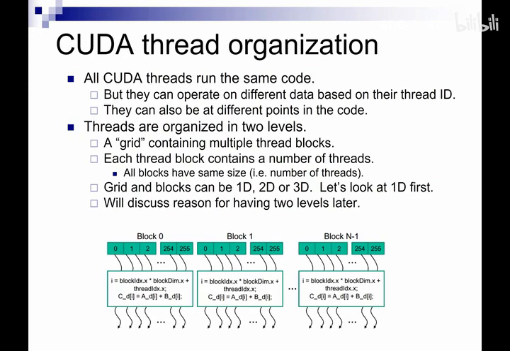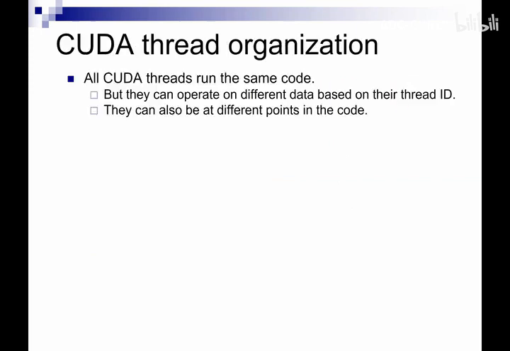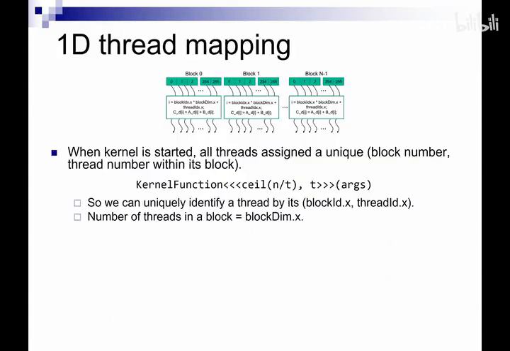If you look at different threads, this pair is going to be unique. You could have the same thread block, but then the thread ID is going to be different, or if the thread ID is the same, then the block is going to be different. So you can uniquely identify a thread by these two parameters.